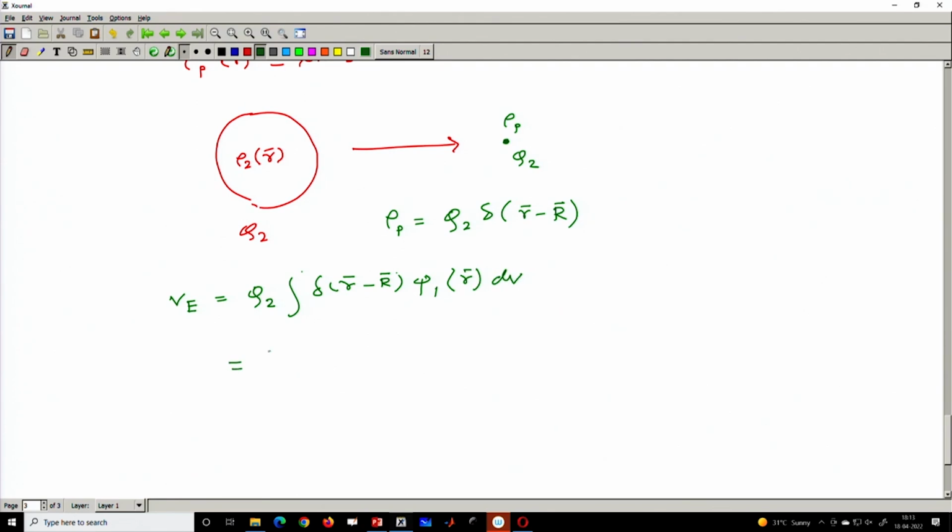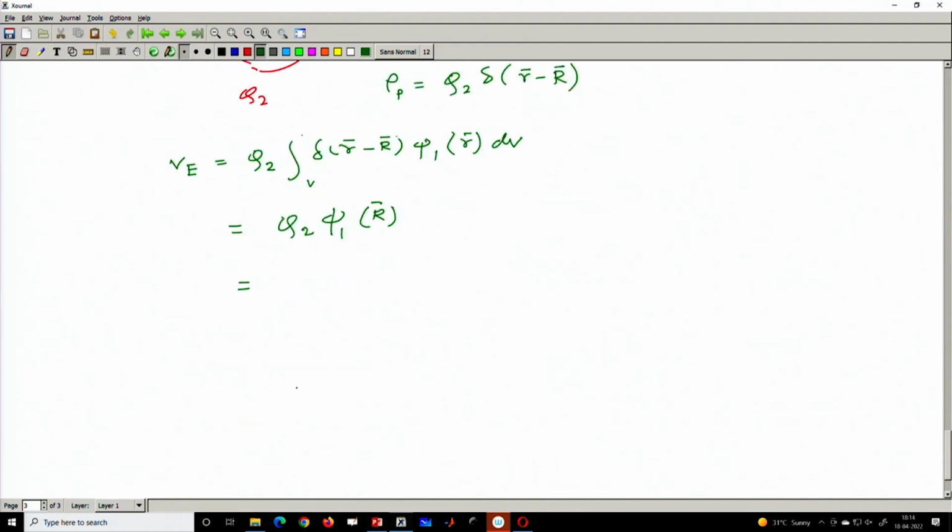So, this quantity is q2 and this integration is with the delta function. So, simply I can have this value as whatever the phi 1 is at r. So, this quantity simply comes out to be q2 times the potential due to the distribution of rho 1, which also has a charge q1.